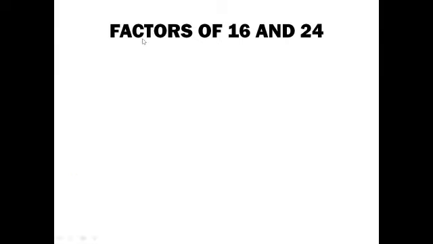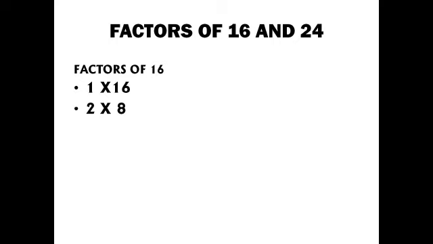We know how to find factors of a number, yes? So let's take 16 and 24 for example, and we will find factors of 16 and 24. We will write all the possible factor pairs of 16 and 24. So for 16, the first pair is 1 16s are 16, then 2 8s are 16, 4 4s are 16.